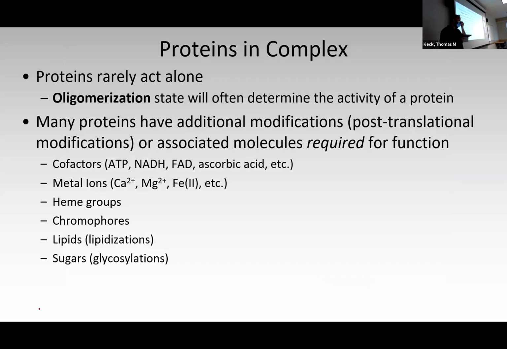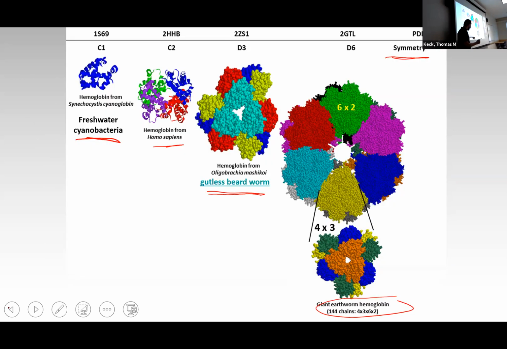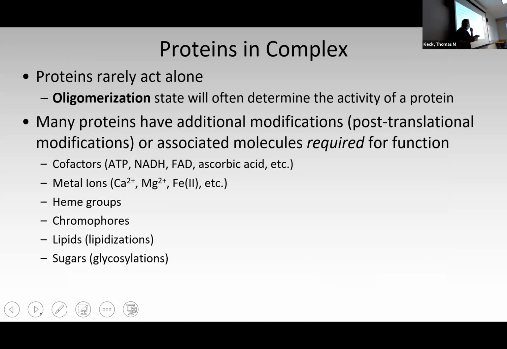So when proteins form complexes, they can be small, it could be just 2 proteins coming together. It could be ridiculously large things like there's 144 different proteins in this giant earthworm hemoglobin. And you're going to see some other complexes in this class that have hundreds of subunits.